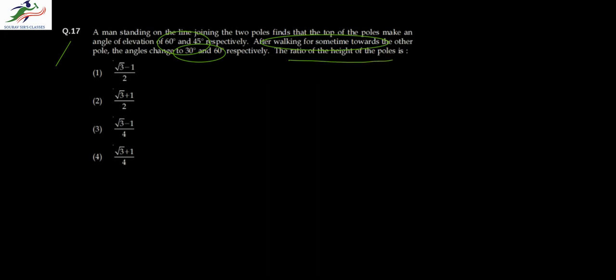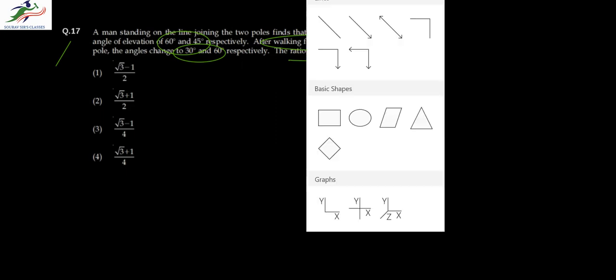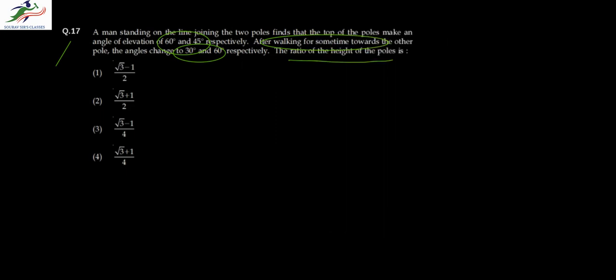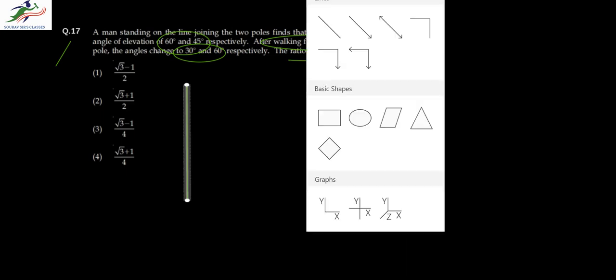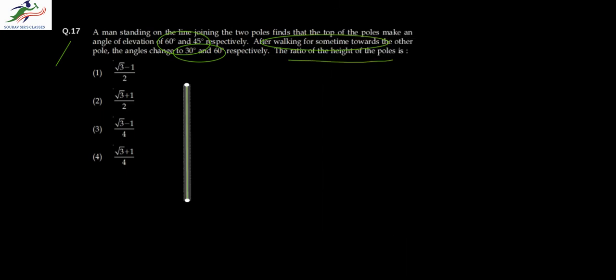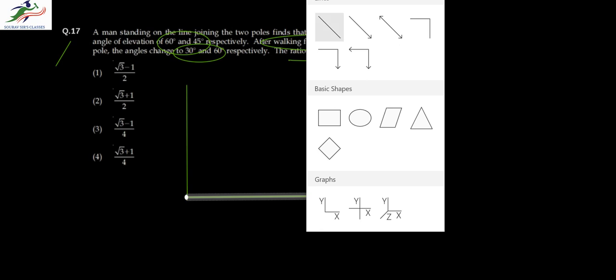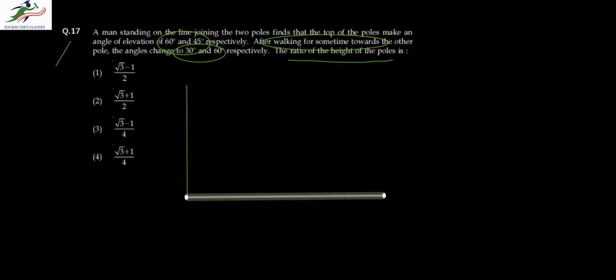Now let's see how this will work. So we have one pole, standing on a road, and there is another pole. Obviously the heights are different, and let this be the height of the second pole.